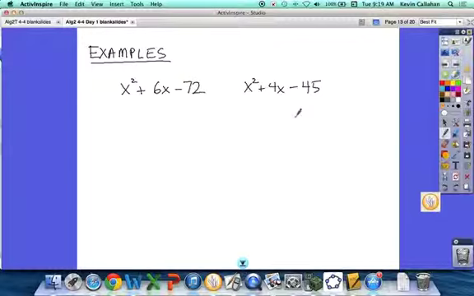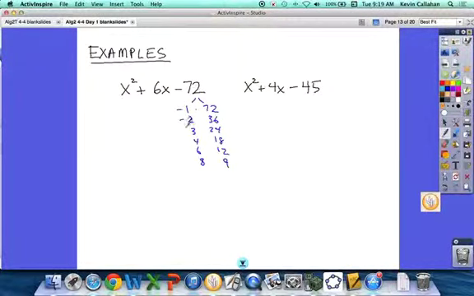72, right? Factors of 72 would be 1 times 72, 2 times 36, 3 times 24, 4 times 18, 6 times 12, and 8 times 9. Because this is positive, the bigger number is positive.